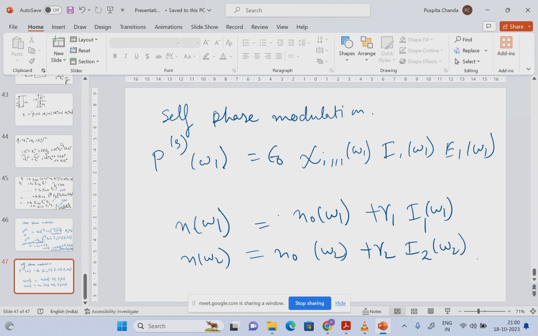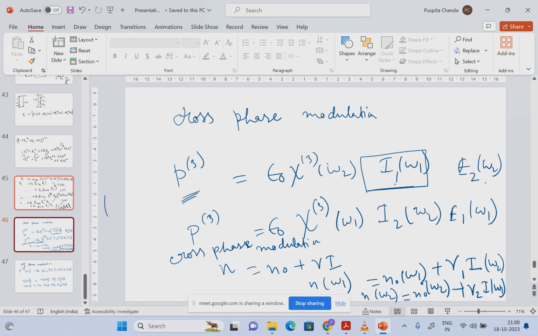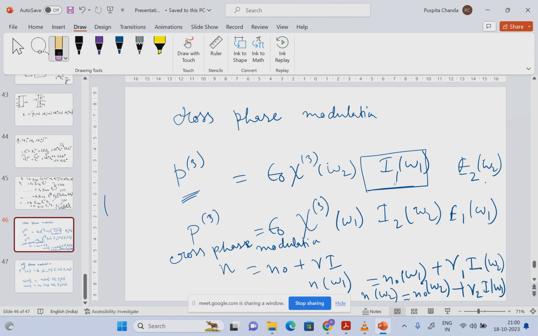So, if the refractive index of one field is changed because of the intensity of the other field, that is cross phase modulation, and if the refractive index changes because of the intensity of that same field, this is called self phase modulation.